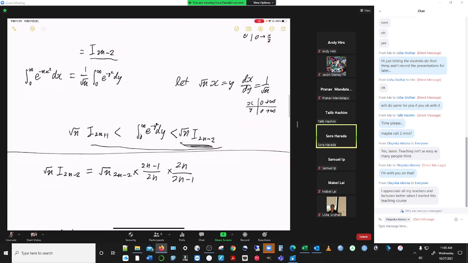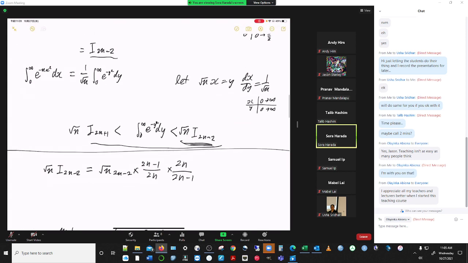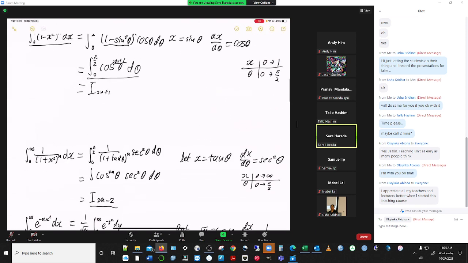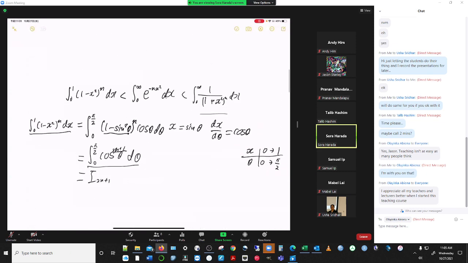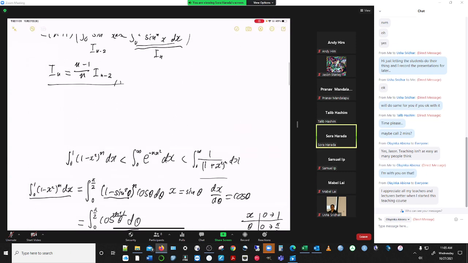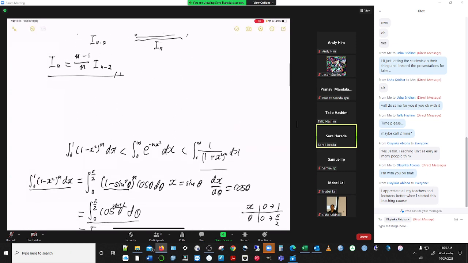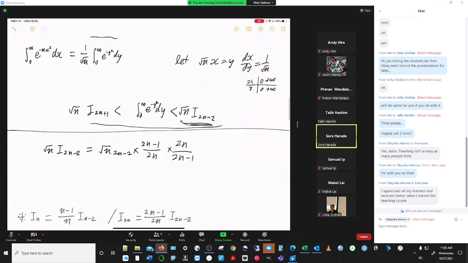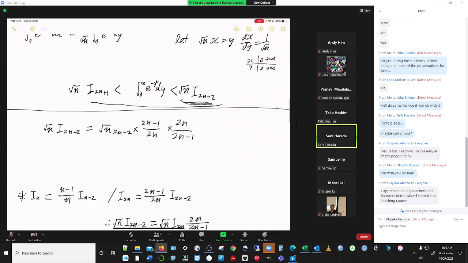And so recall the recurrence formula that we've made: n minus 1 over n, I n minus 2. So that is actually this part.